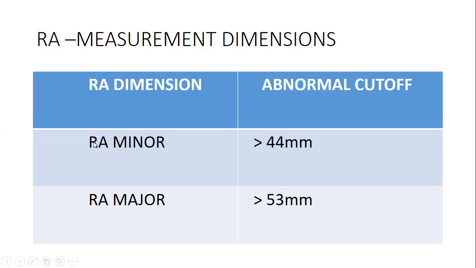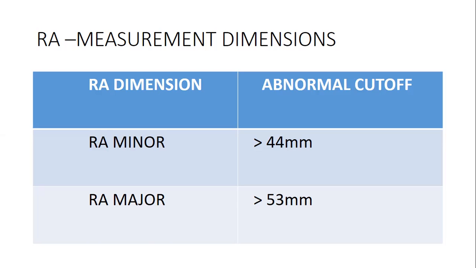This is the minor one, and the major one actually moves from the annulus to the posterior wall, and those are the parameters. For the minor one, it should not be more than 4.4 centimeters. And the major one should not be more than 5.5. They are considered to be abnormal. Why am I emphasizing that?